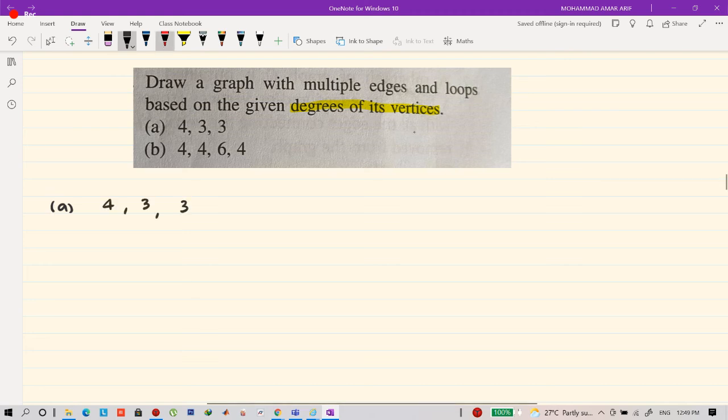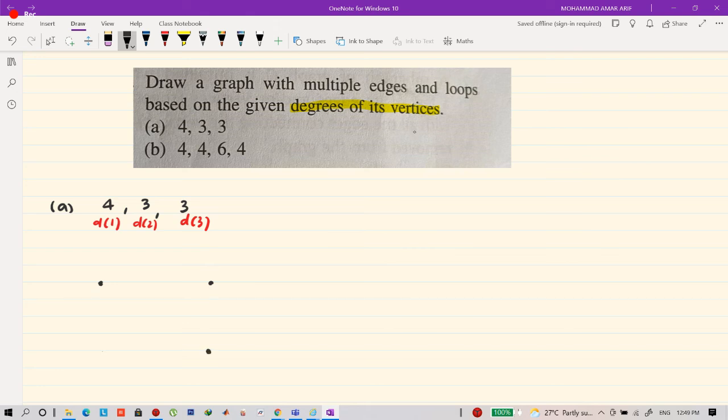So like my way, I will assume this is D1, this is D2, this is D3. Okay, so from here we can confirm that dia akan ada 3 titik sahaja. So 1, 2 and 3. Okay lah, just put it here.